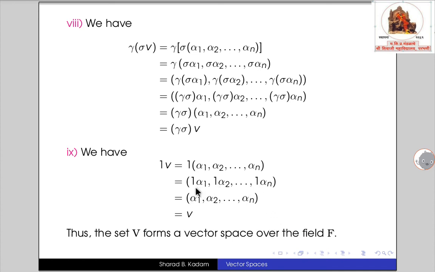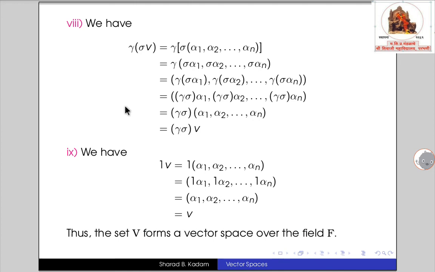We know that in a field F, 1 is the multiplicative identity. That means if we multiply every non-zero element in the field F by 1, we get the same element. So that is why 1 into alpha 1 is alpha 1, 1 into alpha 2 equals alpha 2, and 1 into alpha n equals alpha n, and this is nothing but v. So we have shown that 1 into v equals v.